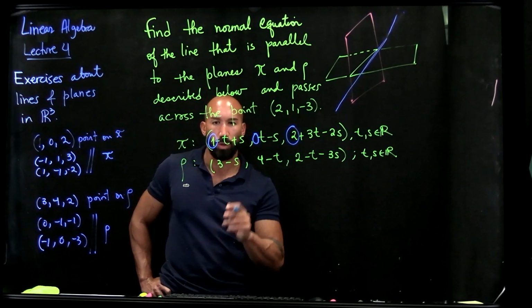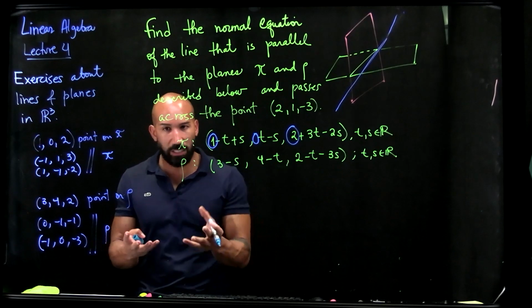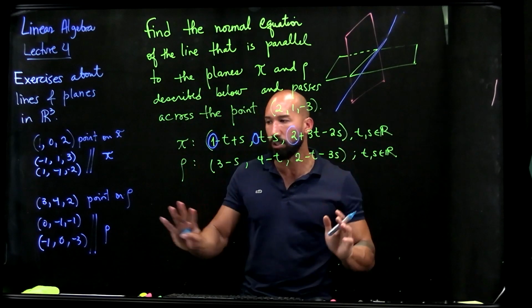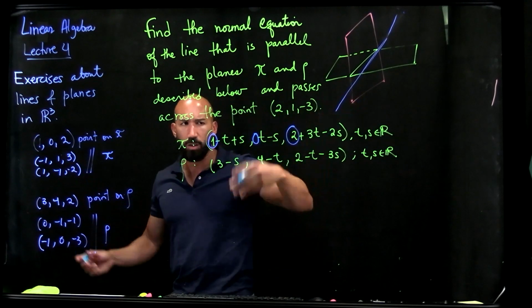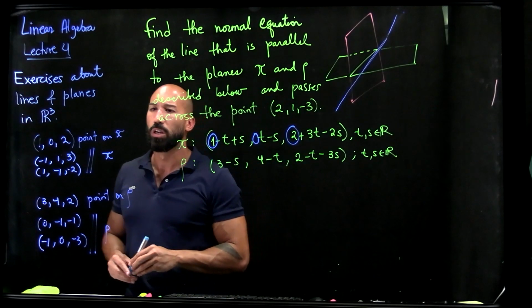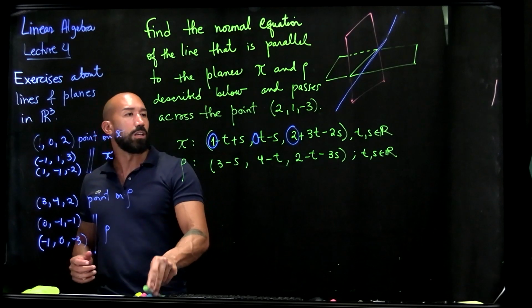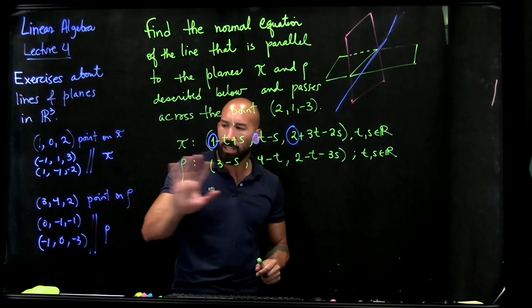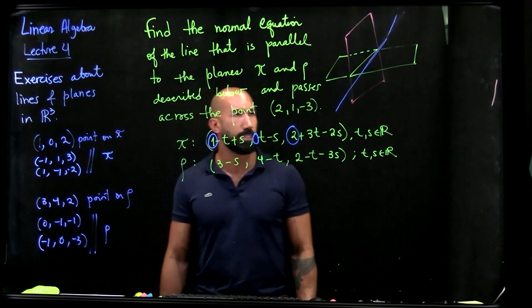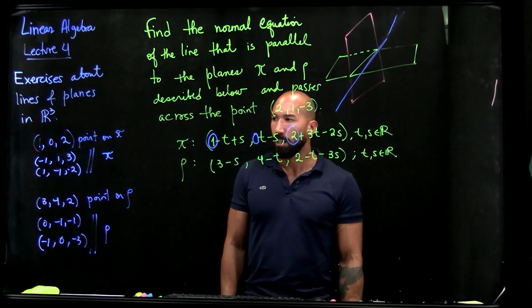Okay? This is the basic information these two equations give us. Obviously, we can use these two equations to generate more valuable information, but just looking at the equations we can get this. Yes or no? Okay.